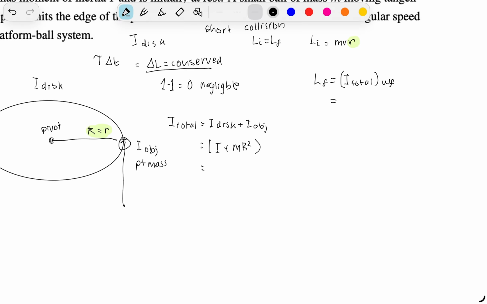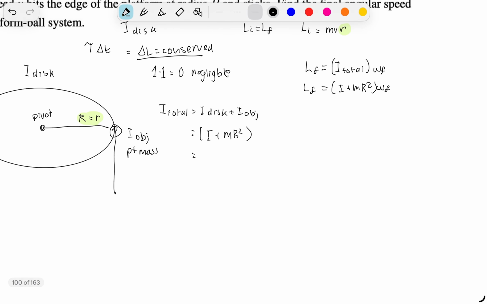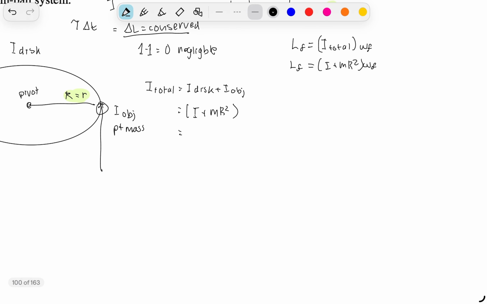So substitute in I plus mr squared, omega final, as LF. Now we can set that equal to our initial. We're going to have mvr is equal to I plus mr squared times omega final. So if we solve for omega final, we just get that mvr divided by I plus mr squared is our answer.